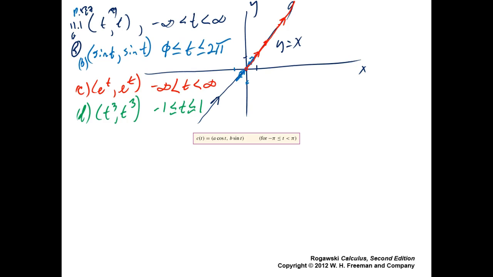Give me a t. 0, okay. What would that give you? 0, 0. Another t. 1, what would that give you? 1, 1, that gets up to here. Another t. -1. It gives you -1. Okay. Unfortunately, we do need something in between. 1/2. What would that give you?